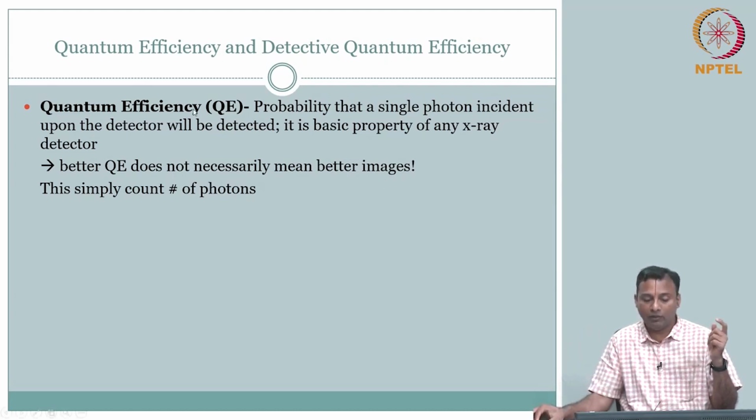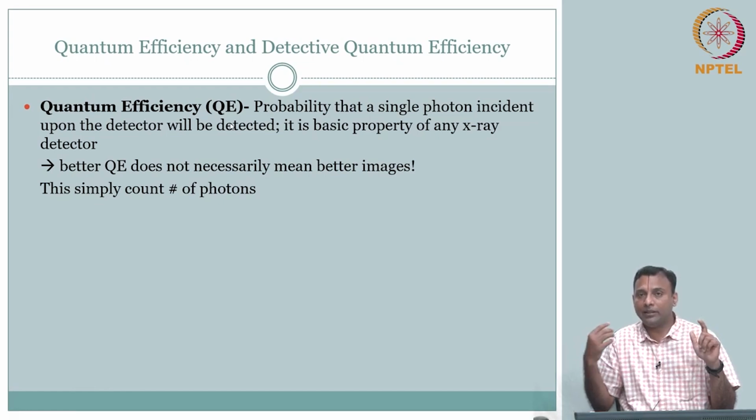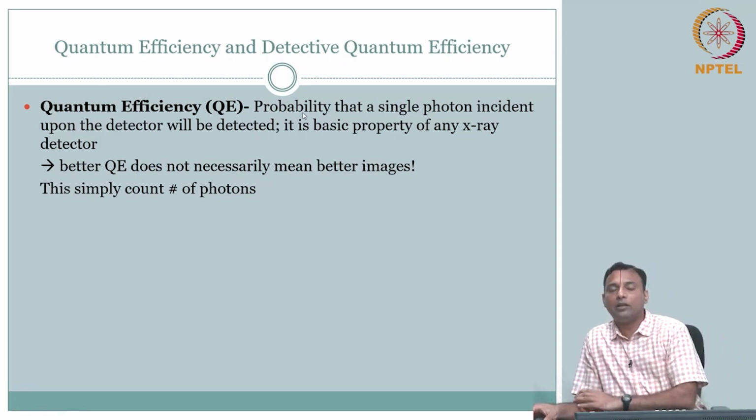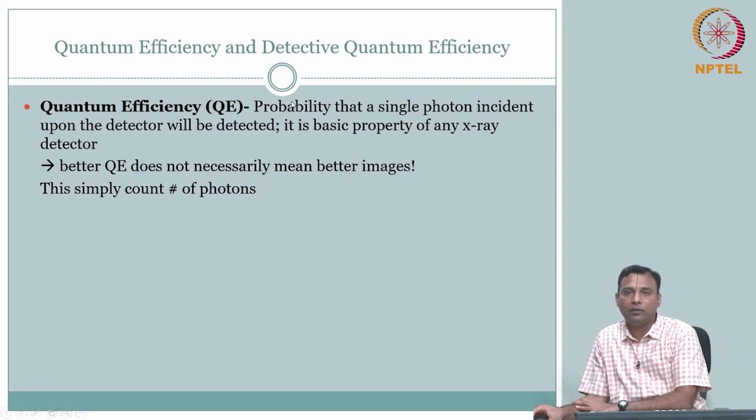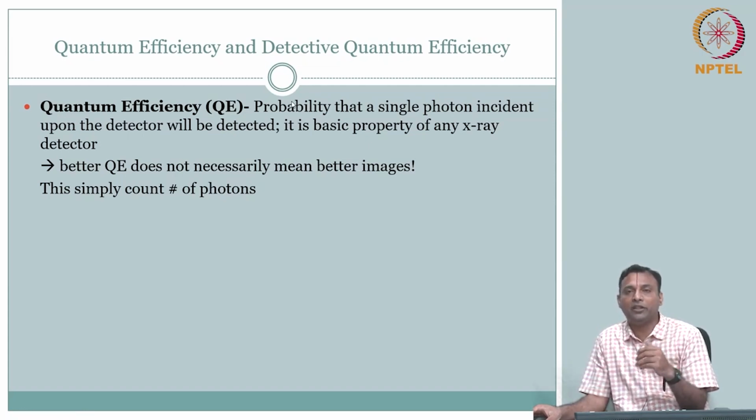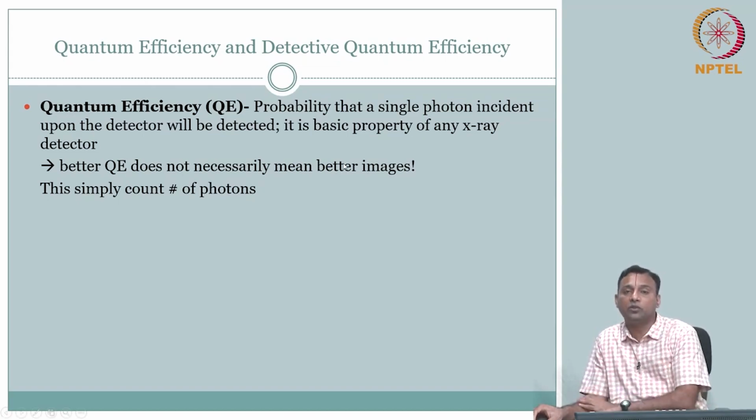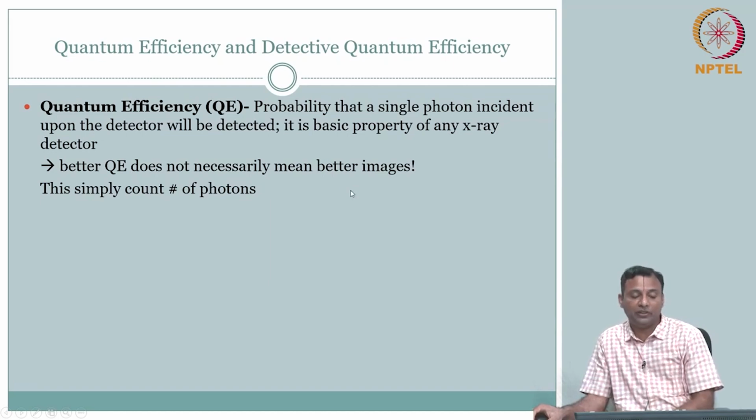This probability might be true, but there is a randomness when you do multiple measurements, and that fluctuation could be a problem. So even though the QEs could be the same, I would rather go for the material or the vendor with less fluctuations. What you see in the image as noise is because of this fluctuation. So the QE does not necessarily translate to better images.